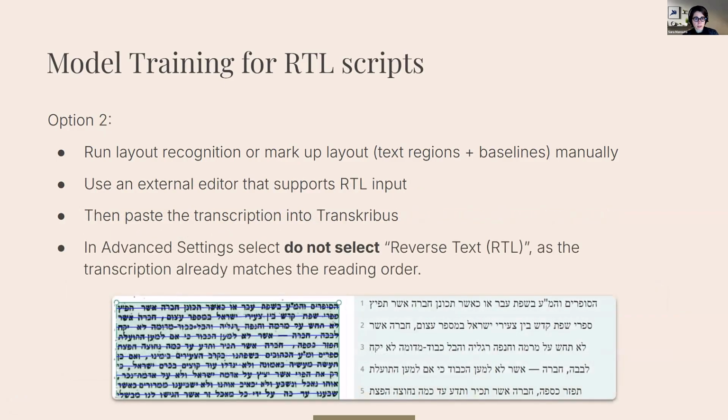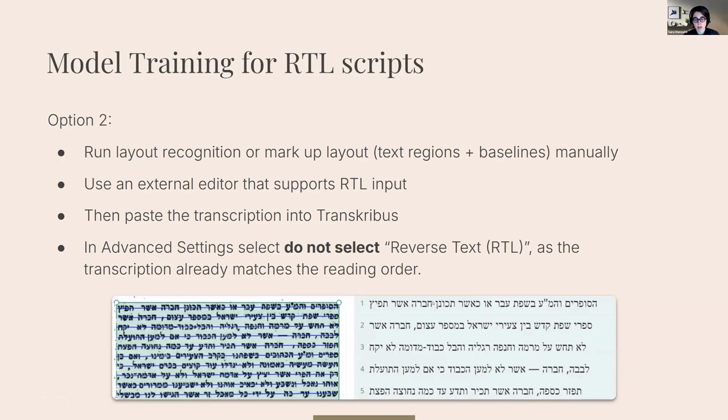The other option is to use an external editor that supports right to left input and transcribe your text there. Then you can copy the text and paste it within Transkribus. And as you see here, now the reading order, the reading of the words and letters, is correct.